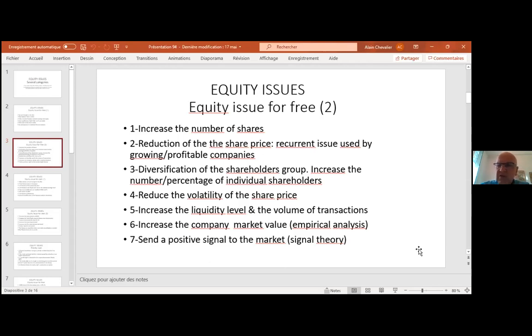What are the consequences on the equilibrium of the market? What are the consequences in the different categories of shareholders? This is clearly a problem of liquidity. This is clearly a problem of analysis, of policy, in the development, in the structure of the shareholders.